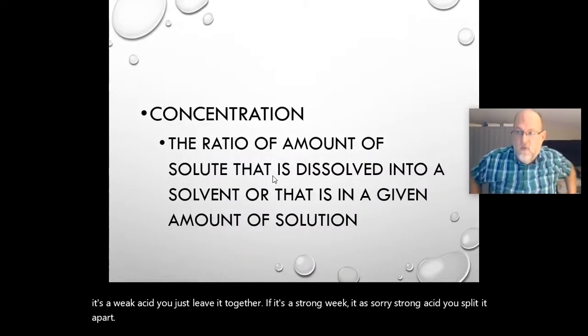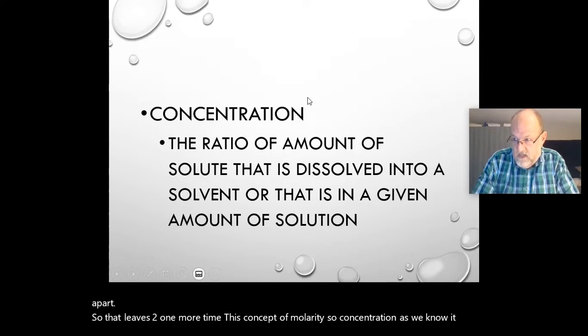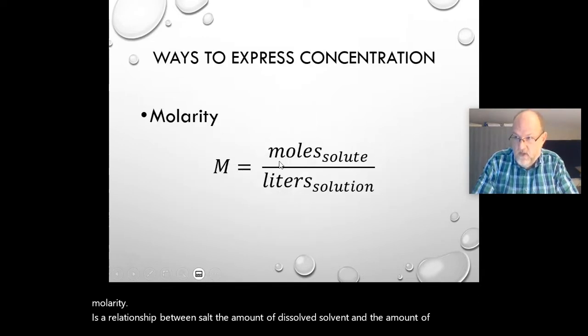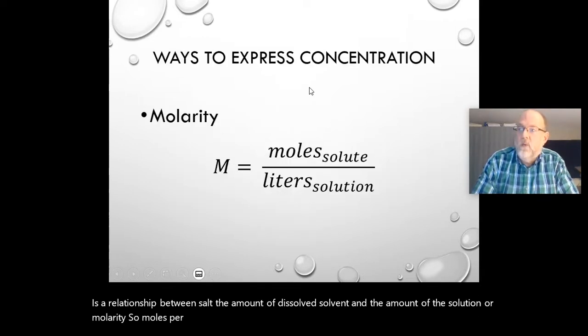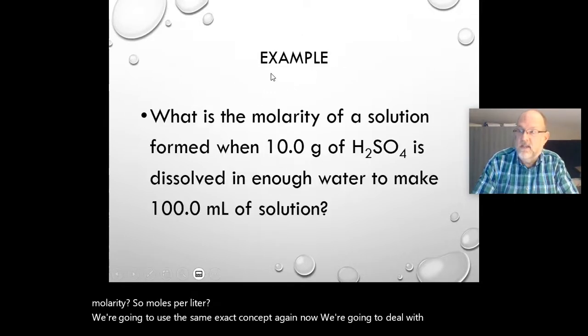So that leads to, one more time, this concept of molarity. Concentration, as we know, molarity is a relationship between the amount of dissolved solute and the amount of the solution, so moles per liter. We're going to use the same exact concept again, but now we're going to deal with aqueous solutions of acids and bases.